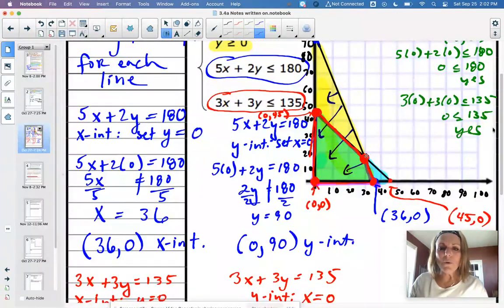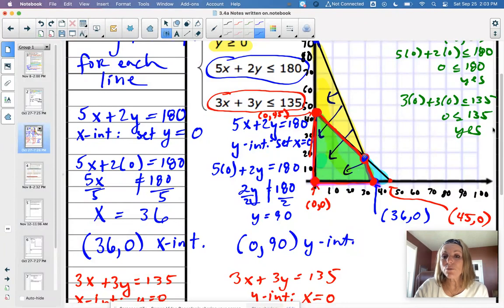The only one we don't know is this one right here. And how we find that one out is, look, it is the intersection of the red line and the blue line. So what we will have to do is use what we know about solving systems of equations, where we looked to see where the lines intersected.